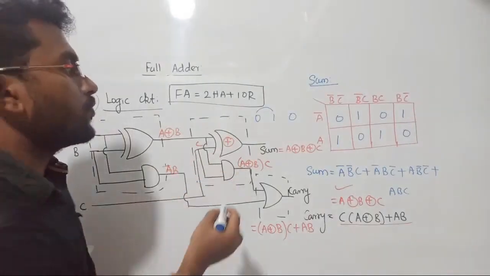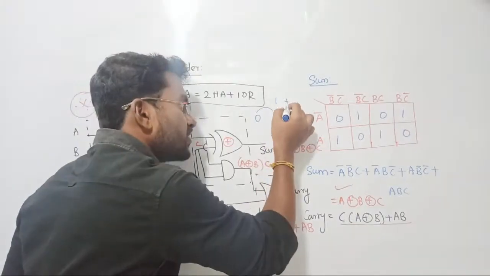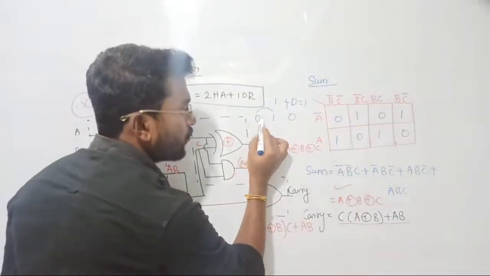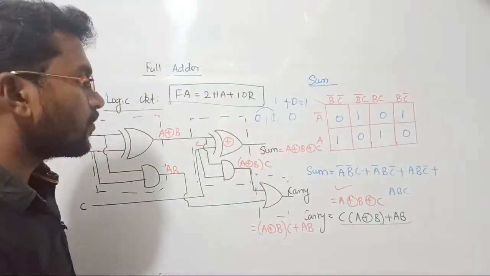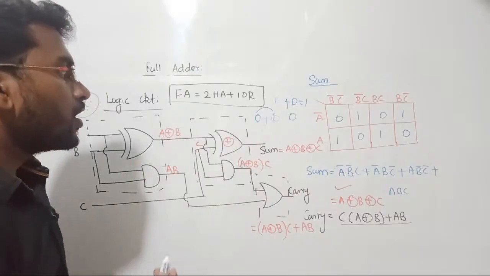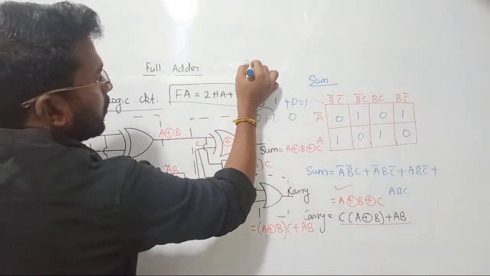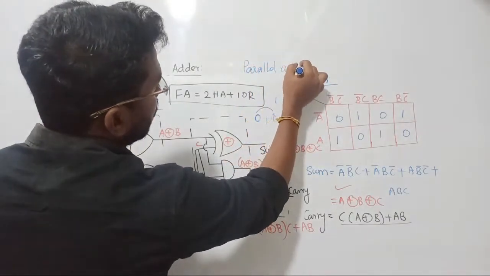First bit should be added with the second bit, such that 0 plus 1 will become 1, and then 1 plus 0 will become 1. That is how we are performing the operation. So in each and every addition, a single bit only is being considered. In order to increase the number of bits in addition, we go up with the next type of operation, that is simply called a parallel adder.